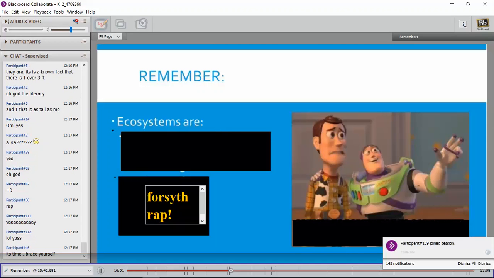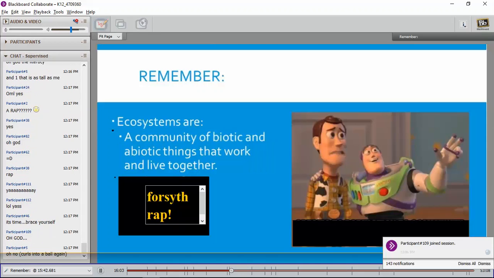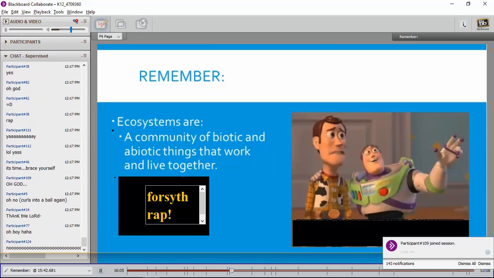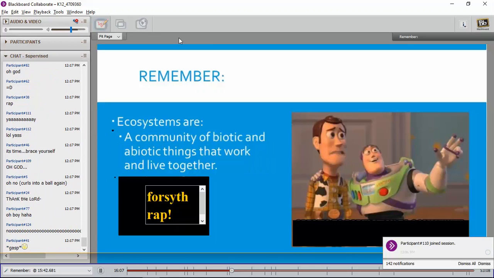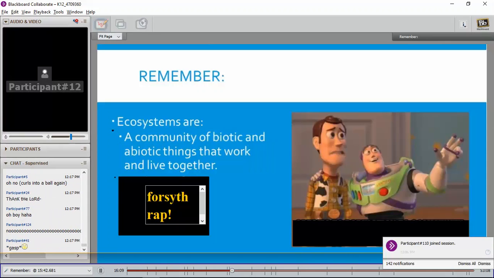Okay, so really quick, ecosystems are a community of biotic and abiotic things that work and live together. Tell me in the chat real fast, what does it mean if something is biotic? Woohoo!